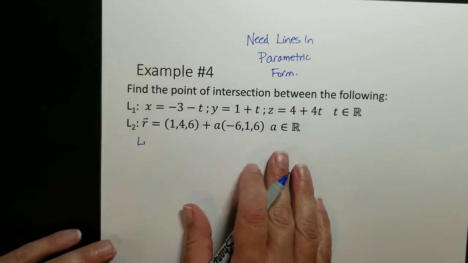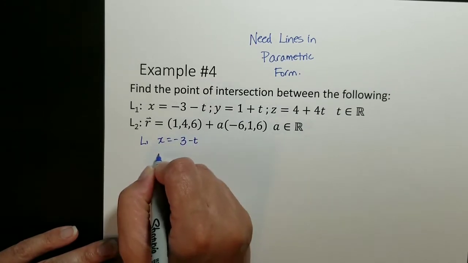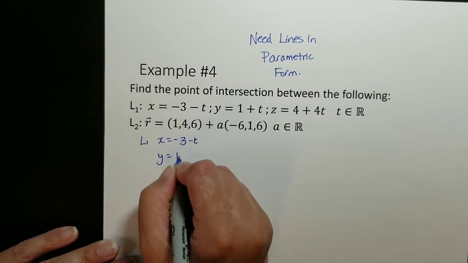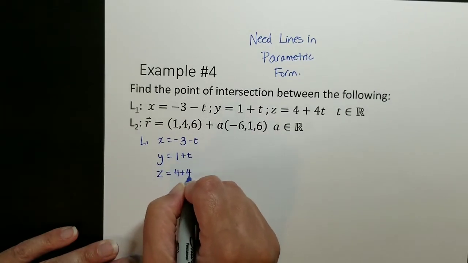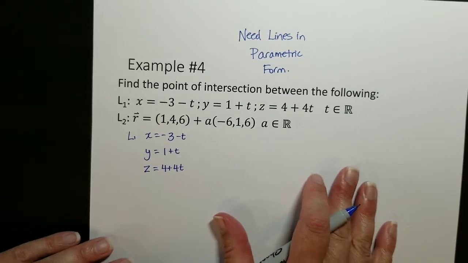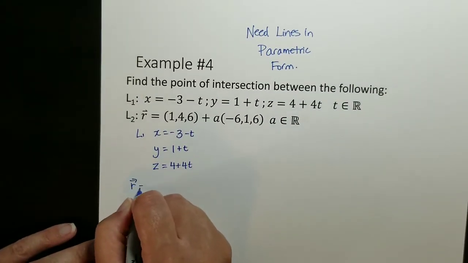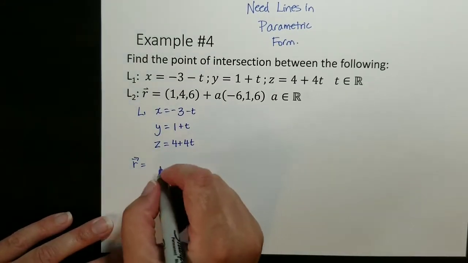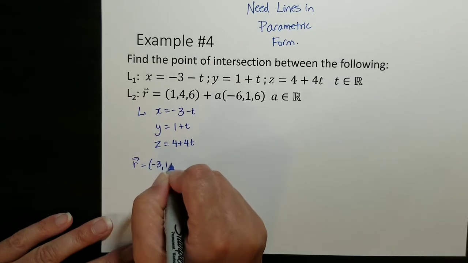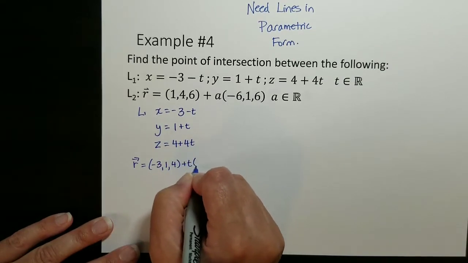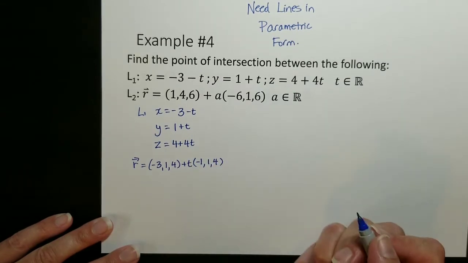So L1, I have x equals -3 minus t, y equals 1 plus t, z equals 4 plus 4t. And I may write this also just so we can kind of see in our vector form. So the position would be negative 3, 1, 4 plus t times the direction would be negative 1, 1, 4.